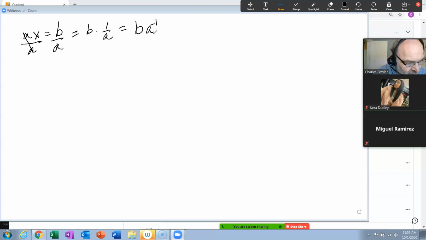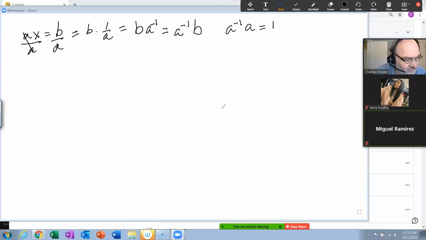Now, they actually wrote it the other way, and it doesn't really matter with real numbers, but it will matter in this. The number A inverse is the multiplicative inverse of A because it's the reciprocal of A. If you multiply A inverse, which is 1 over A, times A, you get the multiplicative identity, which is 1. Identity element for multiplication.